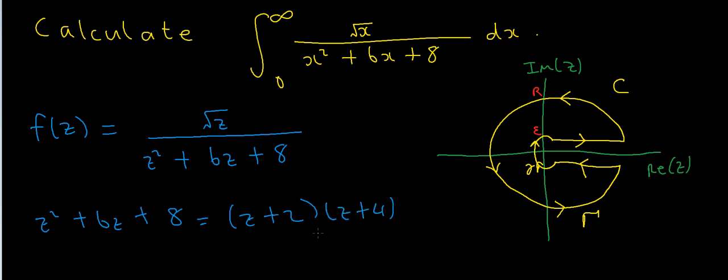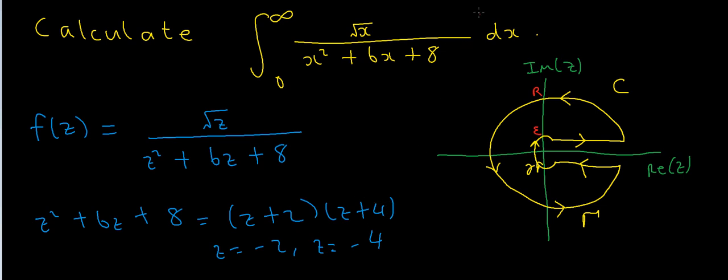So I'm going to have two poles at z equals minus 2 and z equals minus 4, and those are going to be simple poles, which means they're poles of multiplicity 1 or order 1. If this was z plus 2 squared times z plus 4 cubed, then that would be a pole of multiplicity 2, and this would be a pole of multiplicity 3, but in this case they both have multiplicity 1.